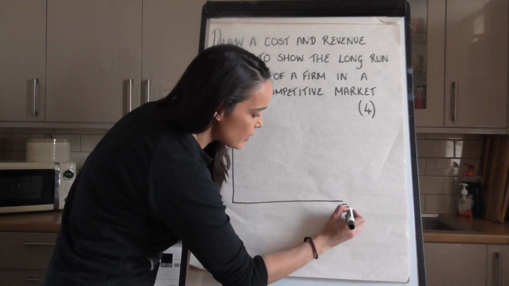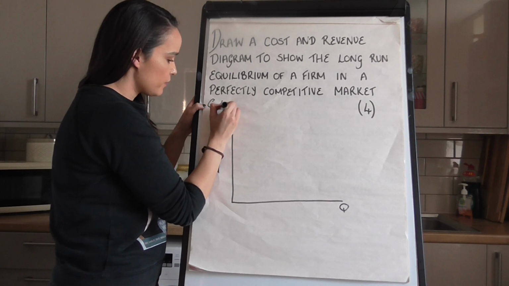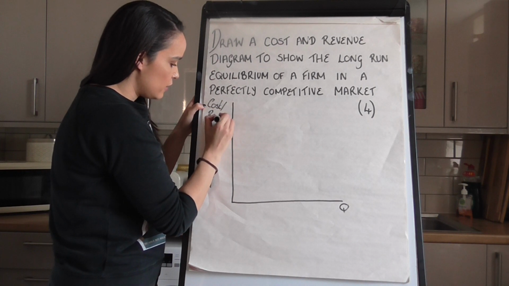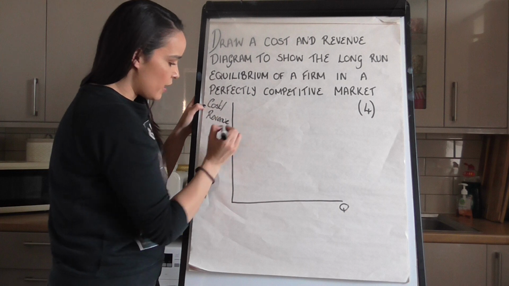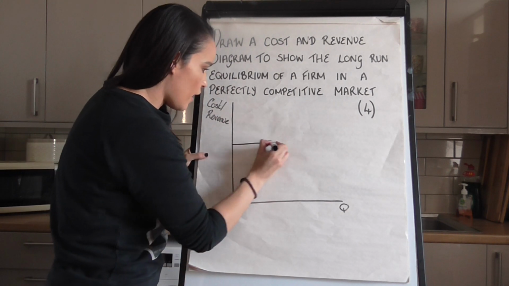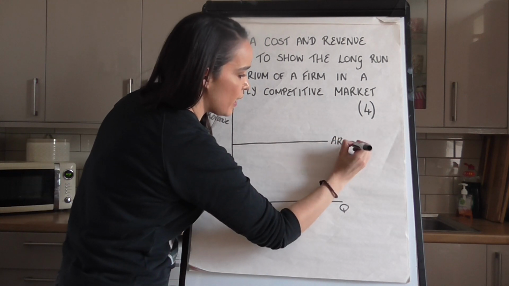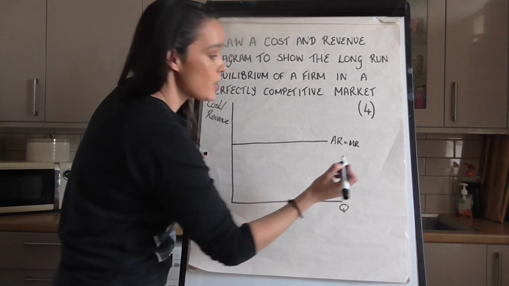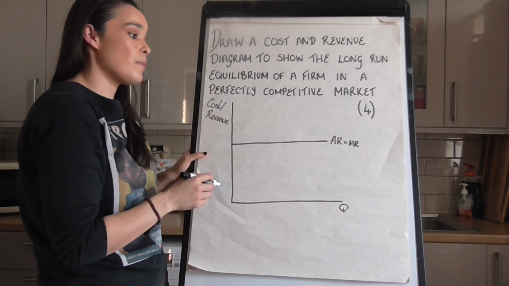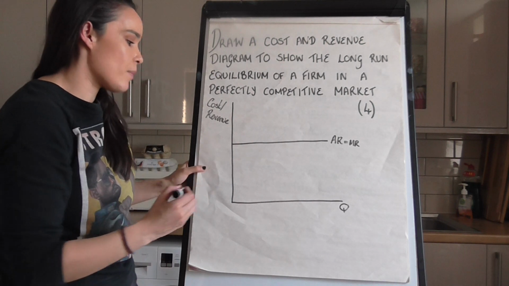So as always, you need to label your axes so the examiner knows that you know what you're doing. So I'm expecting to see AR equaling MR, and once again, if you're still unclear about why that happens, the first video goes through an example as to why that happens.